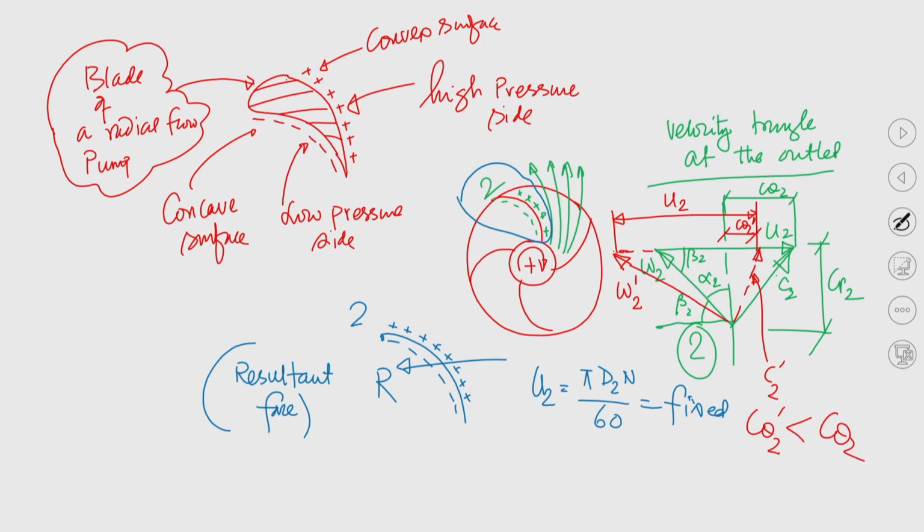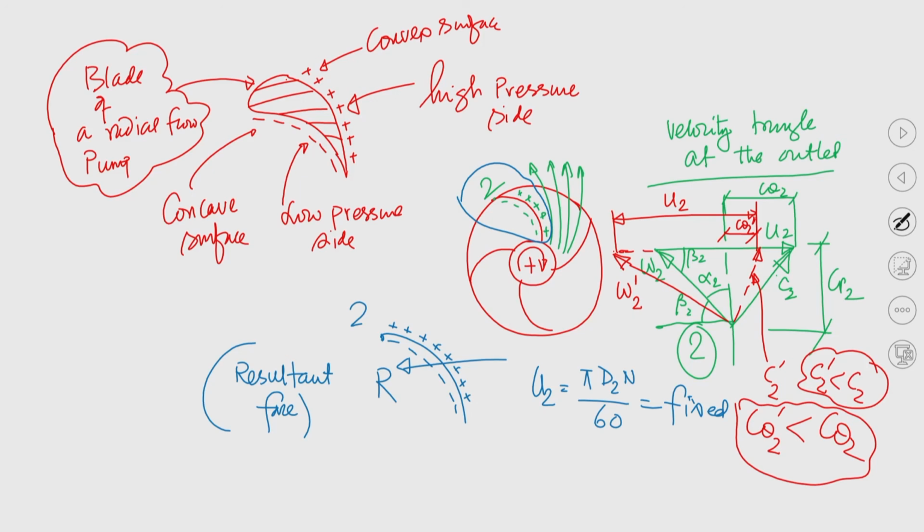So, basically because of this resultant force, the absolute component and relative component will now shift from their original position to the new position, as a result of which C theta 2 prime will be less. So, C2 prime is less than C2 and C theta 2 prime is less than C theta 2, right. So, what we are getting?